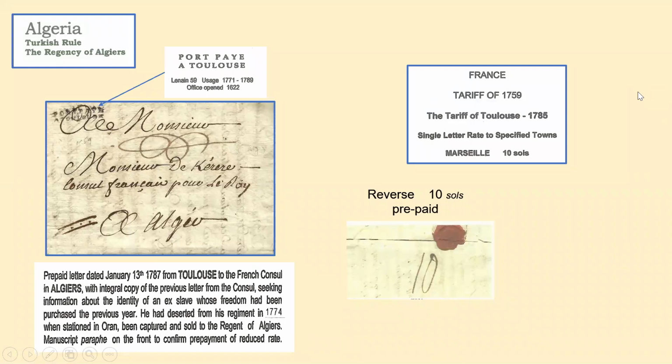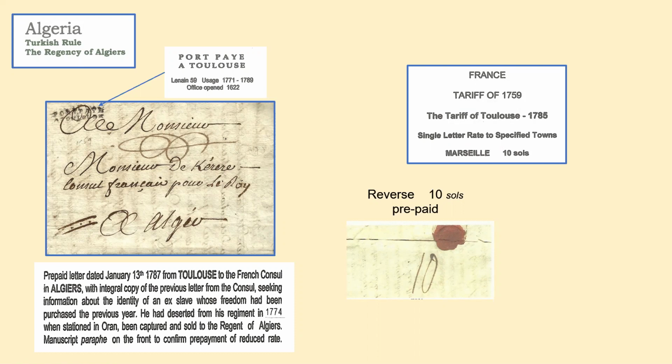The first slide, second slide I should say, is a 1787 letter from Toulouse to Algiers, and it concerns an ex-slave whose freedom had been purchased the previous year.